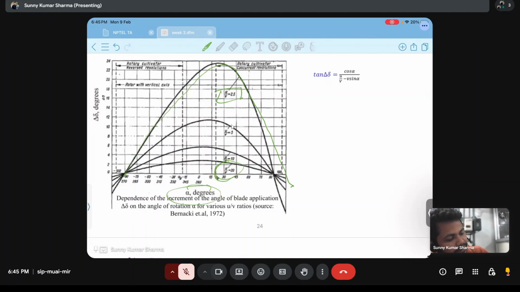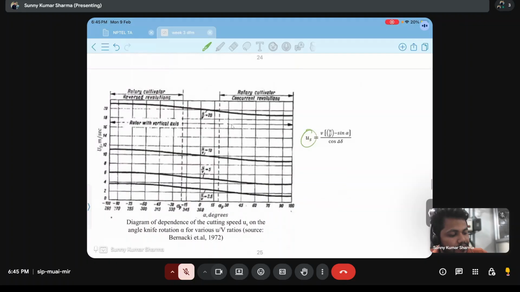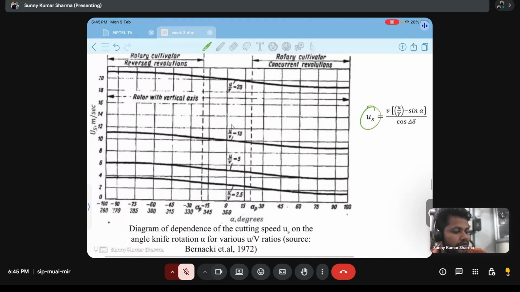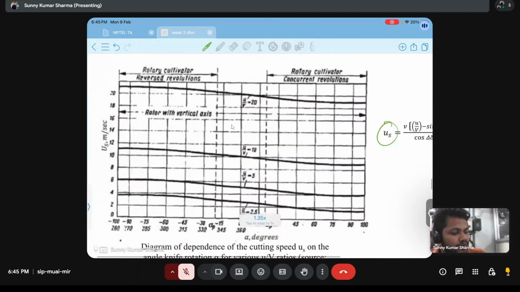When u by v is more than 10, the fluctuation of del delta is very low, meaning del delta is very stable at a higher u by v ratio. So for a rotavator we need a u by v ratio of more than 10, and this holds for the rotary cultivator in both concurrent and reverse mode.